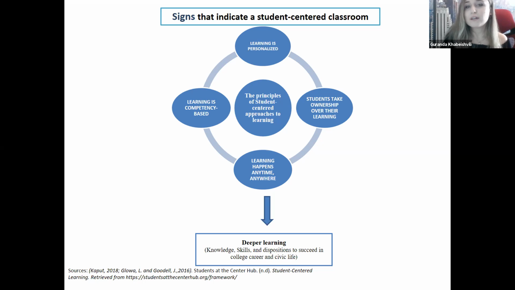They get more responsibility over their learning, and in that way, they learn better. Learning happens anytime and anywhere. It's vital to give students the opportunity to learn anytime and anywhere. Learning should not be restricted to the classroom, and it can be done outside the classroom as well.